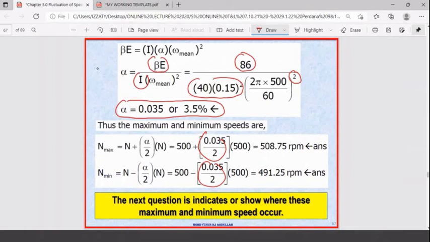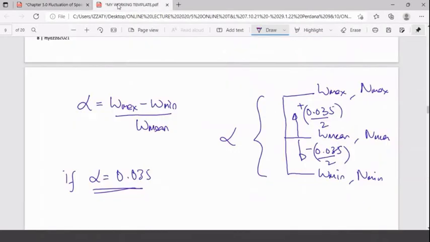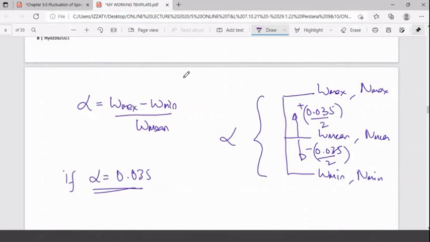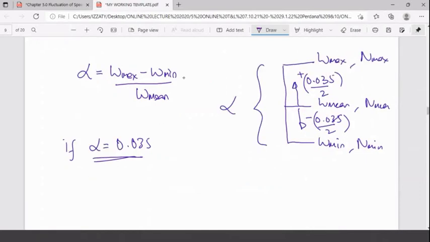If you go back to here, look at the max n plus half n, and this one is n min. Look at the top one and the bottom one, so you will have the equation here. You can also simplify the equation: let n max equal to n min plus alpha divided by 2.